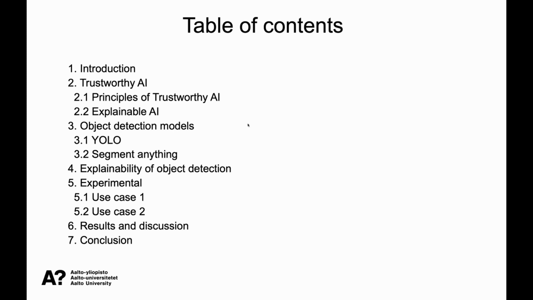What is the state of the art of explainable AI for object detection in warehouses? And even narrow it down more, in warehouses of Posti in Finland. So it's a design choice how much you want to narrow down the scope. Right.